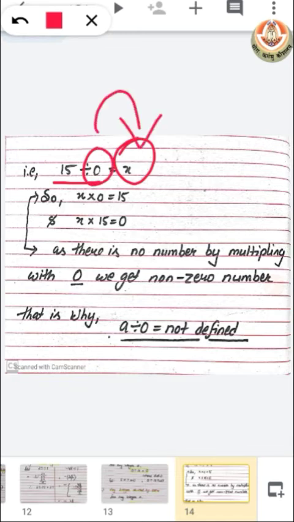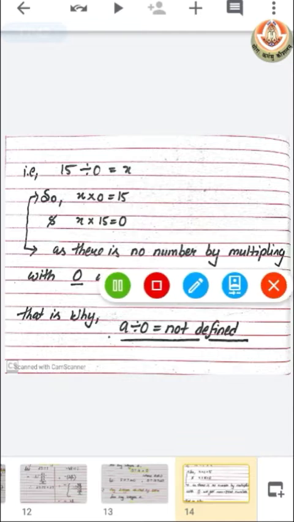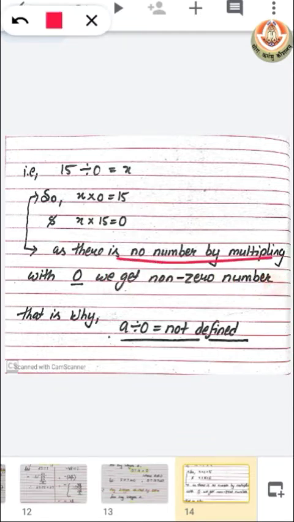That means when we multiply this x with 0, we should get 15. Now for this, there is no number by multiplying with 0, we get non-zero number.